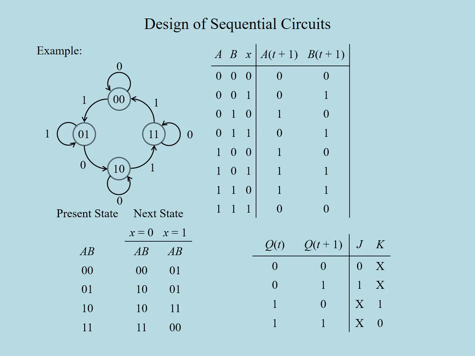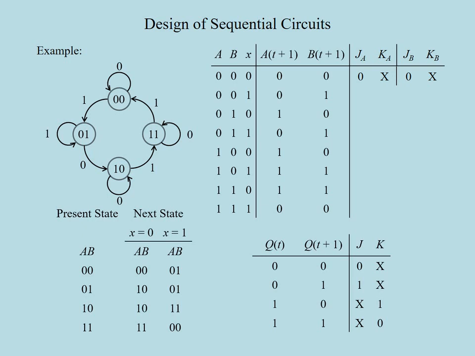The first line of this table shows a transition from 0 to 0 for both flip-flops. According to the excitation table of the JK flip-flop, the inputs J and K for this transition are 0 and don't care, respectively.